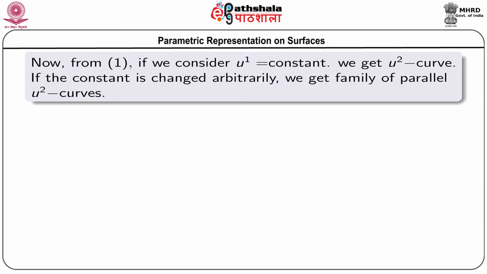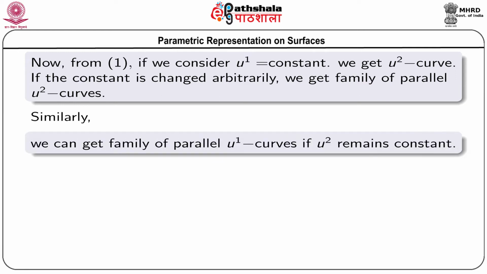Now, from the equation given by Gauss, if we consider U1 equal to constant, we get a U2 curve. If the constant is changed arbitrarily, we get a family of parallel curves, they are called U2 curves. Similarly, we can get a family of parallel U1 curves if U2 remains constant.